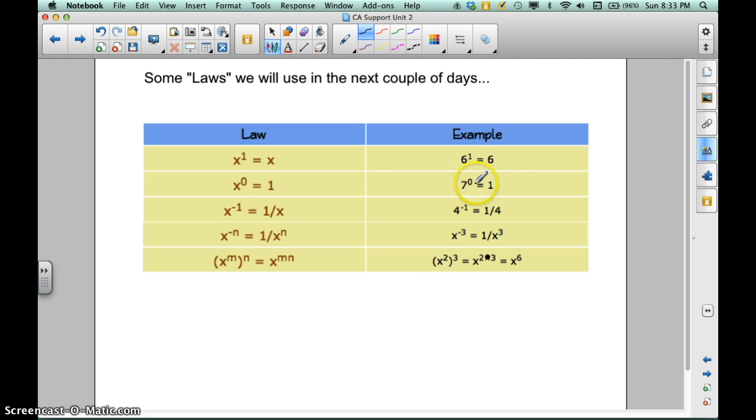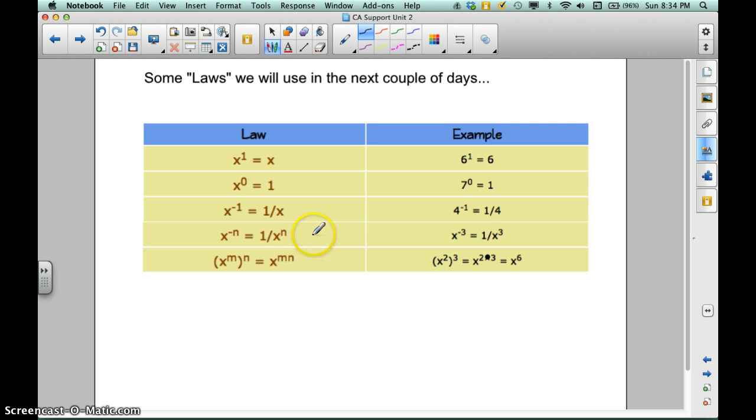So 7 to the power of 0 equals 1. Negative 8 to the power of 0 equals 1. 5,337 to the power of 0 equals 1. M to the power of 0 equals 1. So anything, absolutely anything to the power of 0 is equal to 1.